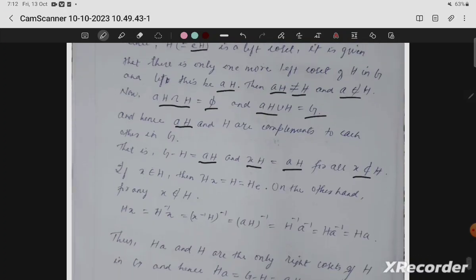Now if x belongs to H, then Hx equals H, or He equals H. On the other hand, for any x not belonging to H, Hx equals H, and (x inverse H) whole inverse equals aH inverse, and H inverse a inverse will give Ha inverse, which will give Ha.